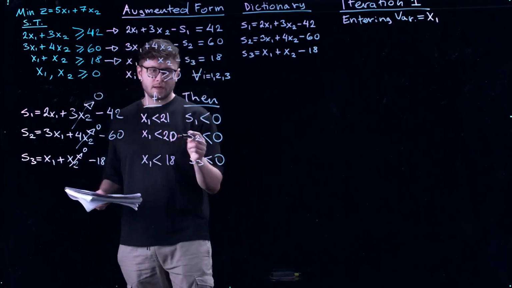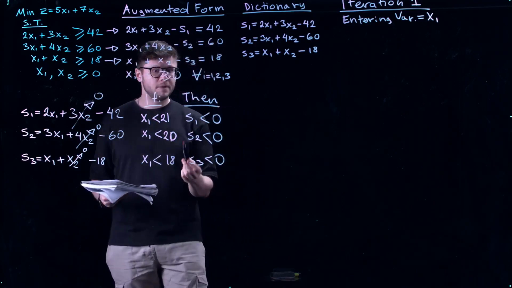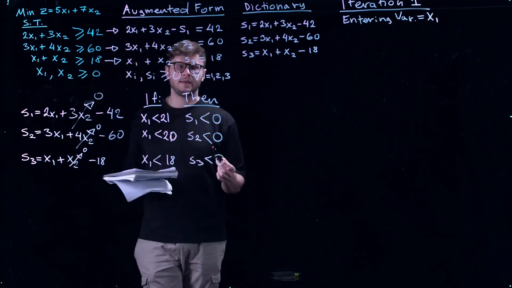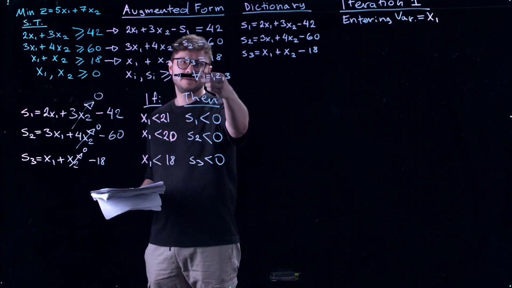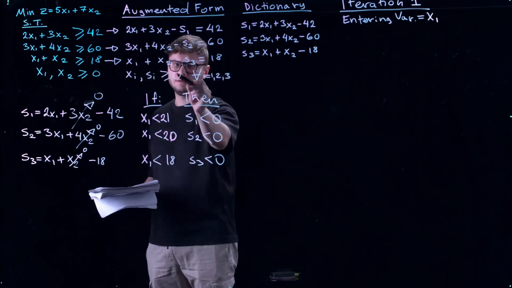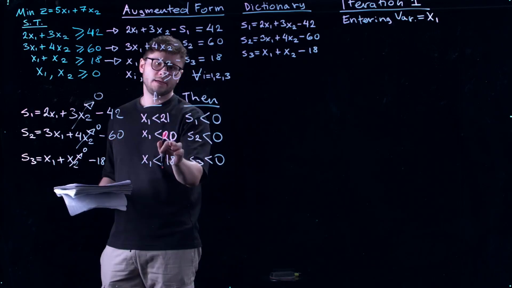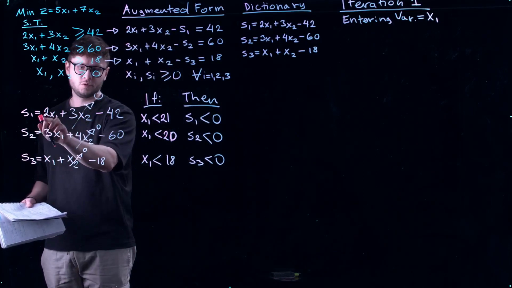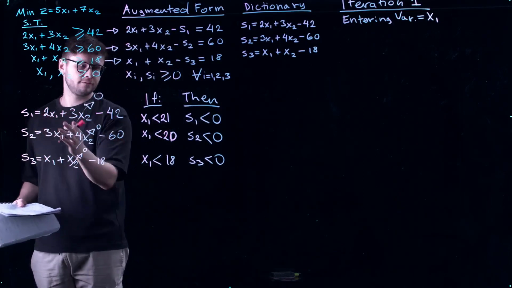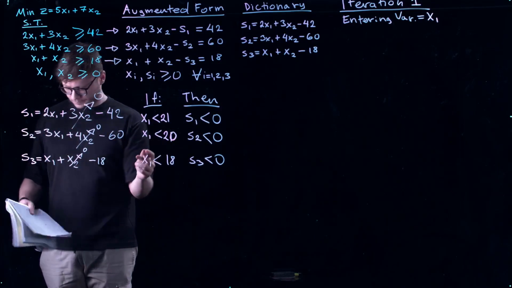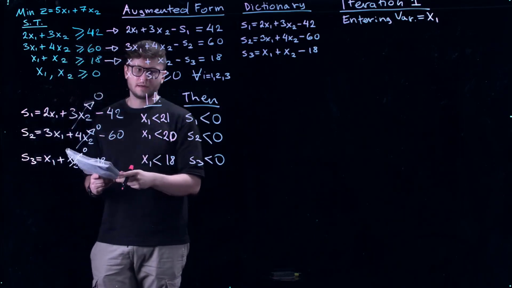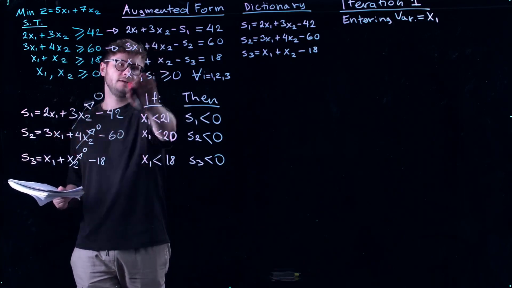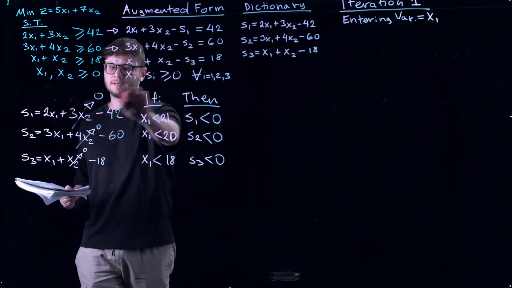So now ask yourself the question, what is the minimum value that x1 can take without violating any of these constraints, including this one? This is the key. If x1 takes 20, over here it's going to equal 2 times 20, 40, minus 42. If it equals 21, this constraint is satisfied.